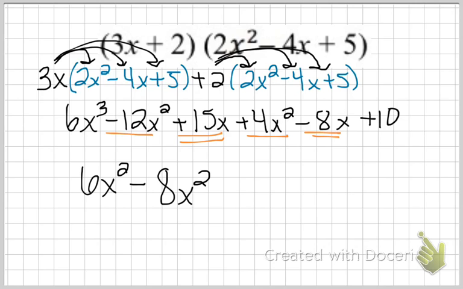And then again, some of you already know that these two are going to end up next to each other. You just got to be careful that you understand that this is a 15 with the minus 8, and that would give us a positive 7x. We bring down the 10, and this would be our simplified answer.